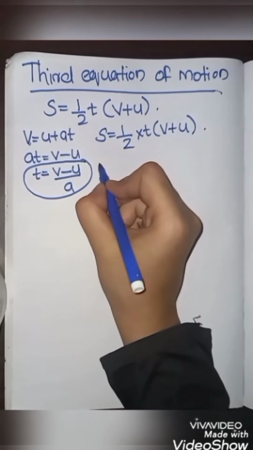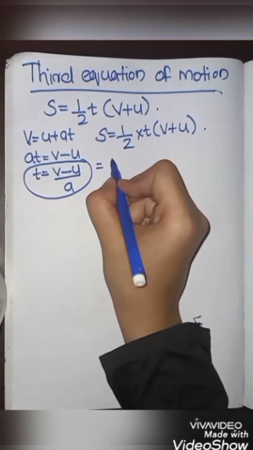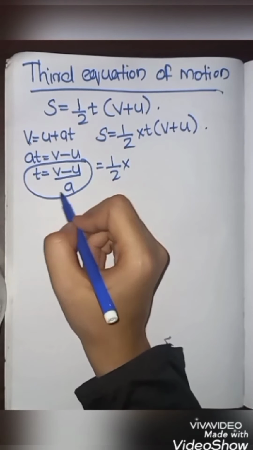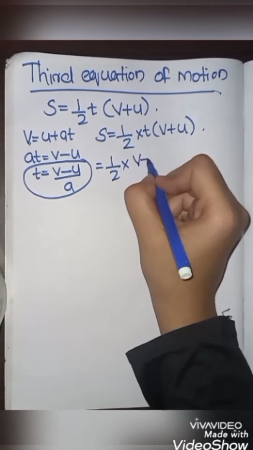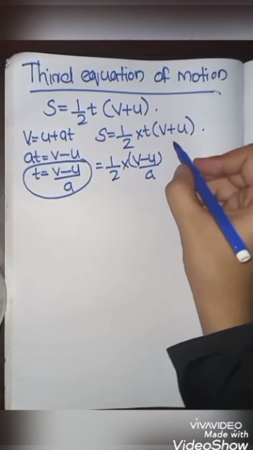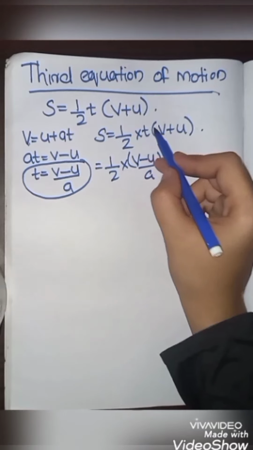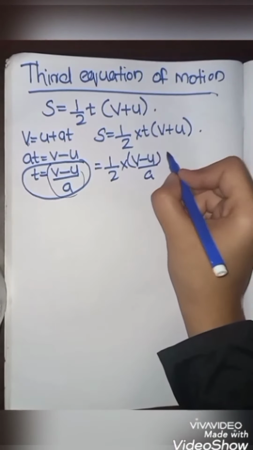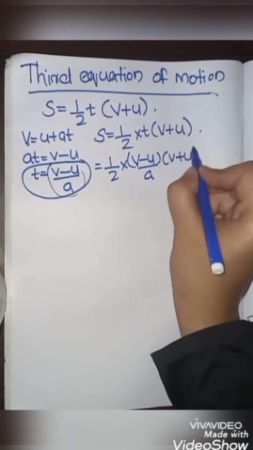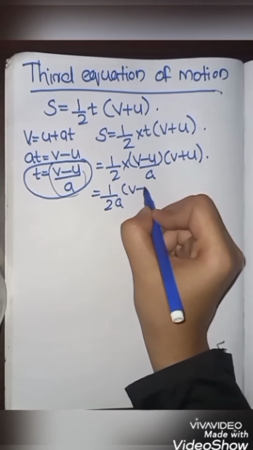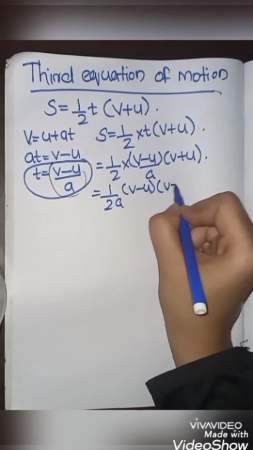This can be written as S is equal to half into, in the place of T we write (V minus U) by A, into (V plus U). Write it as 1 by 2A into (V minus U) into (V plus U).